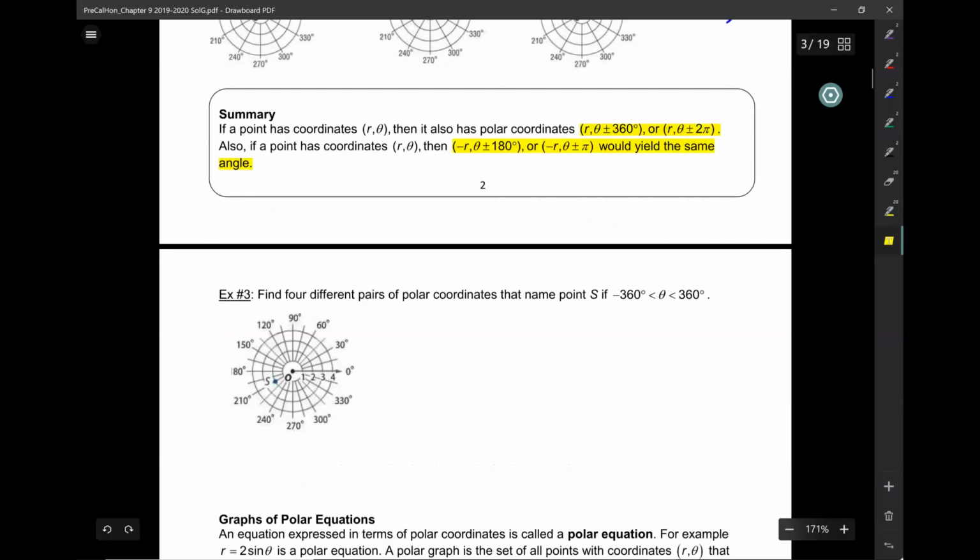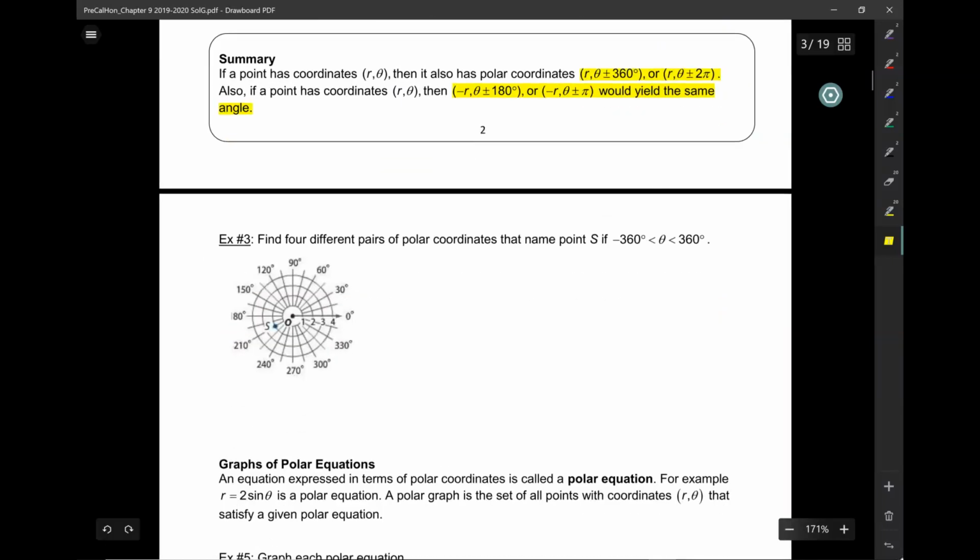Okay, so let's practice here. You're given a point. You want your theta to be between negative and positive 360. You have to come up with 4 different coordinates to represent that point S. All right, so the first thing, just read that coordinate, right? Where is that? What's the radius there? I think it's 2.